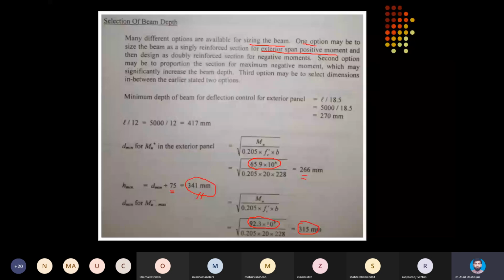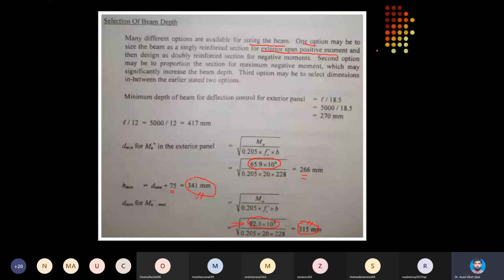So you have to then design doubly section over the first interior support where moment demand is 92.3. That is what he is stating, that then design as doubly for negative moments.